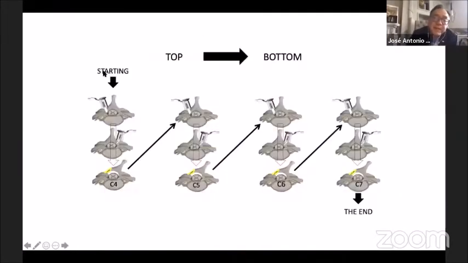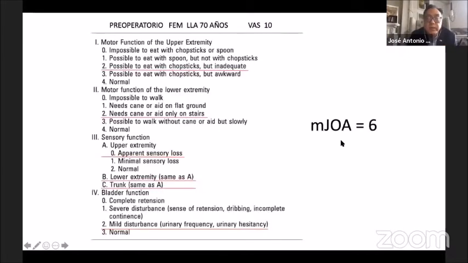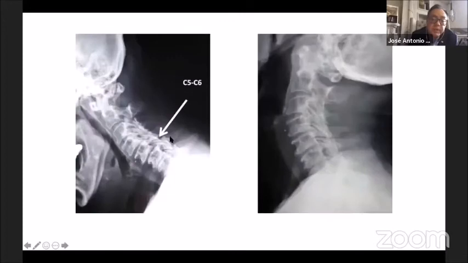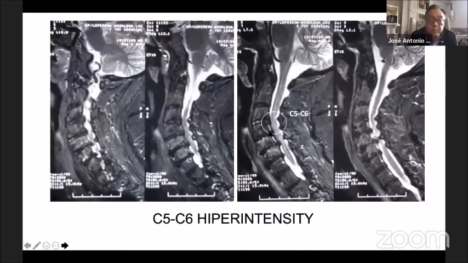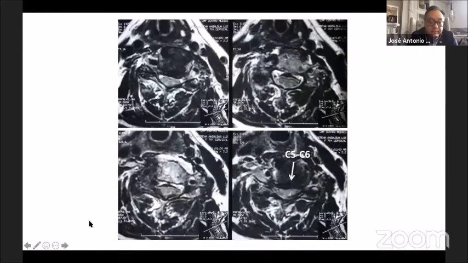This is the schematic procedure, and this is a case of a 71-year-old man with an mJOA of 6, a very disabled patient. This patient has a non-rigid spine because of a subluxation of C5, C6, obviously with multilevel compression, and we observe hyperintensity at C5, C6 and the obvious deformation of the spinal cord at C3, C4, as you can see, and mainly at C5, C6.